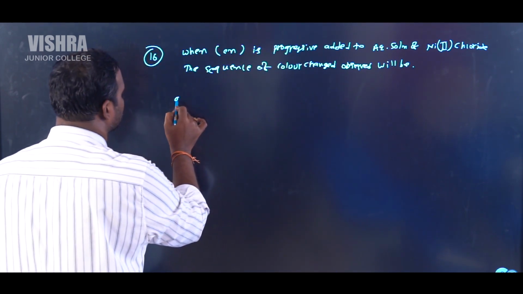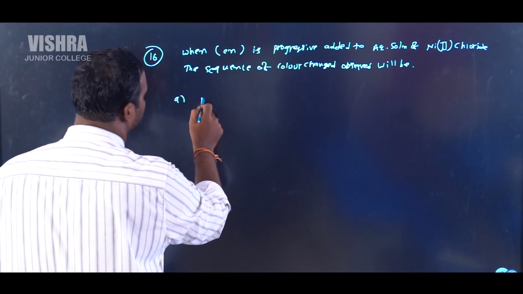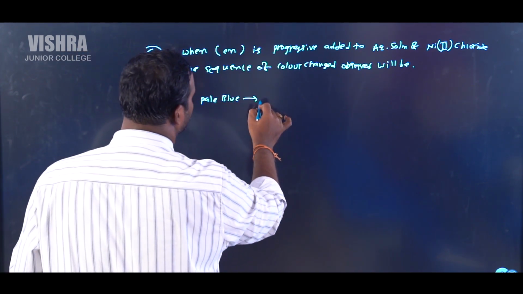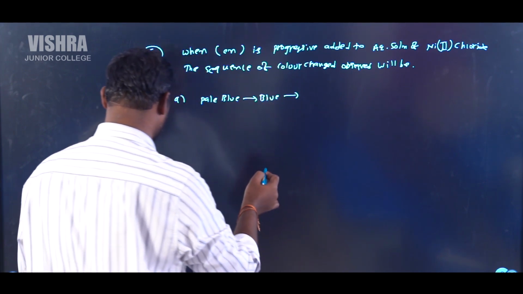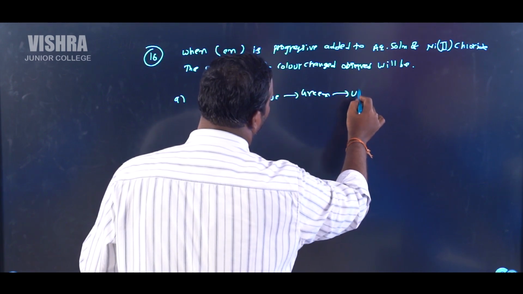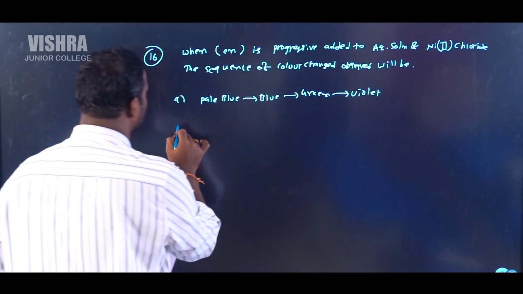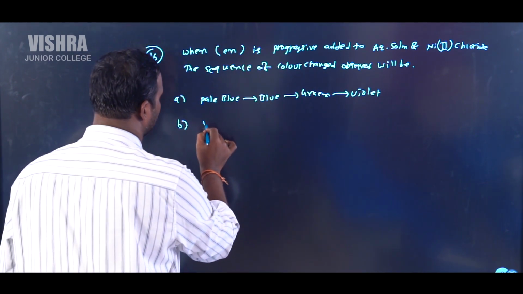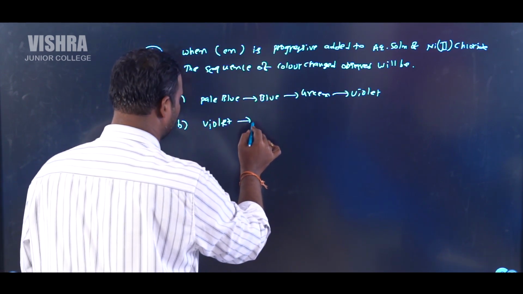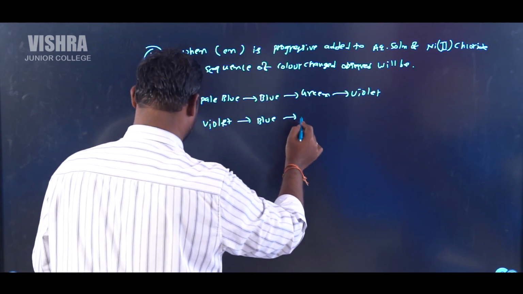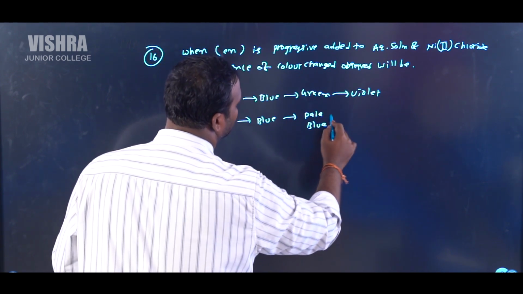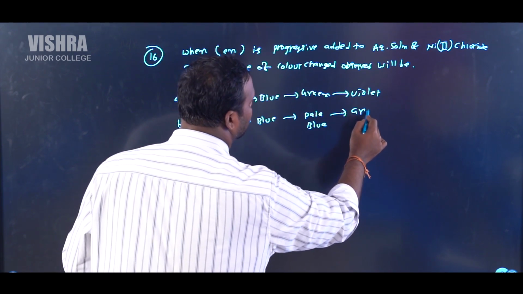Four different options are given. First option is pale blue to blue, blue to green, green to violet. Second option is violet to blue, blue to pale blue, pale blue to green.